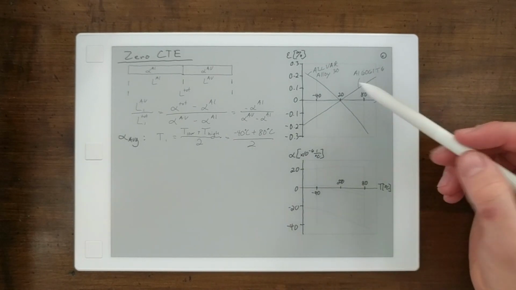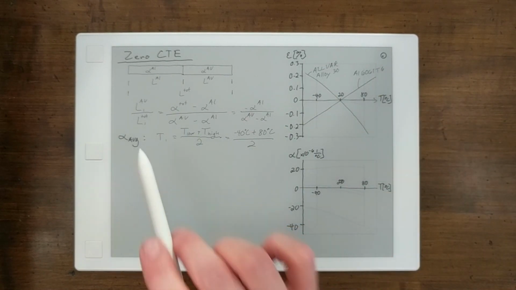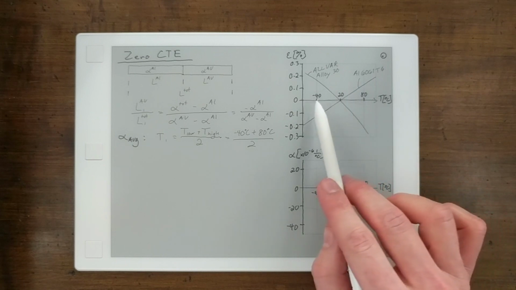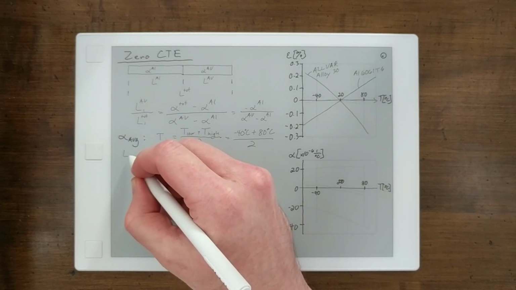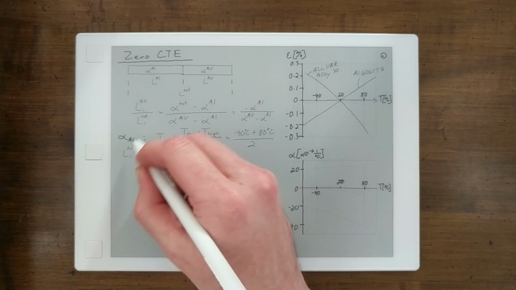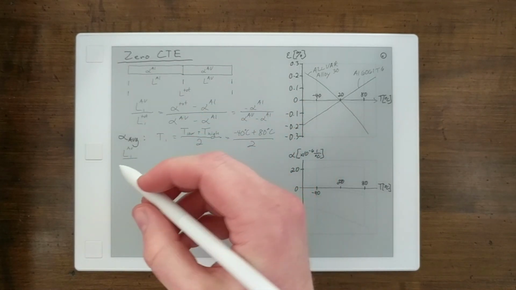So if I were to take the average thermal expansion for these two alloys between negative 40 and 80, we can look at what this equation would come out to.